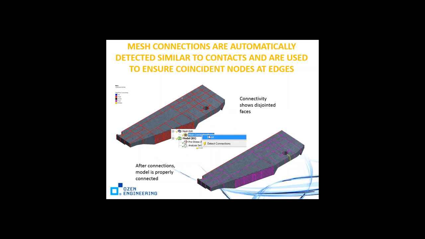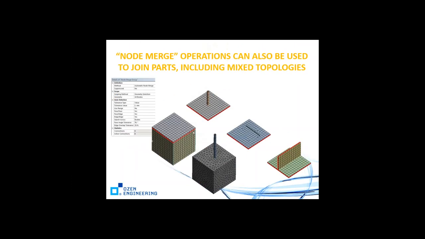The picture up top here shows connectivity with disjointed faces. And here, after you say detect these connections, the model is going to be properly connected, meaning that the elements on the inside will be lined up with these elements and automatically merged. This is also a feature that existed in ANSYS Classic, but now it's also available in ANSYS Workbench.